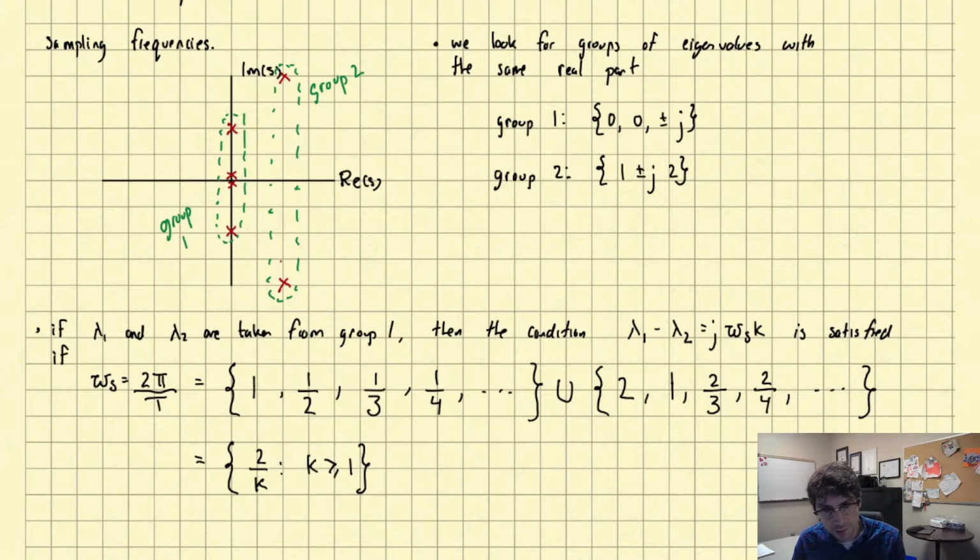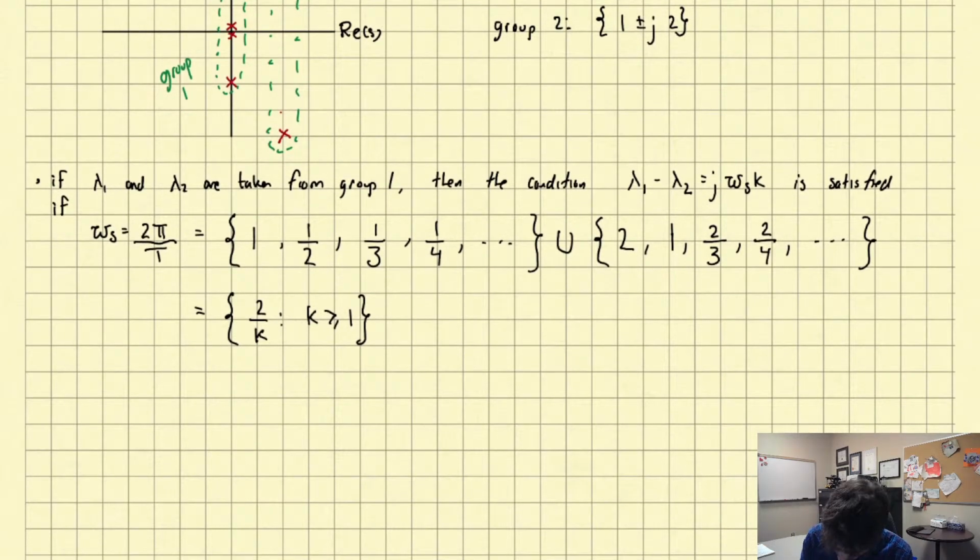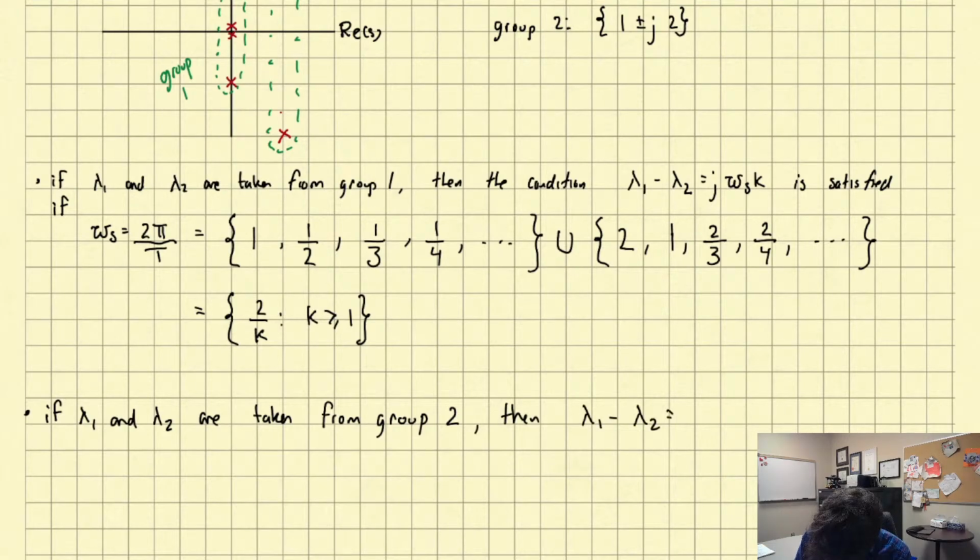All right, let's do the second group. Then lambda 1 minus lambda 2 equal to j omega s k is satisfied for some k if what?